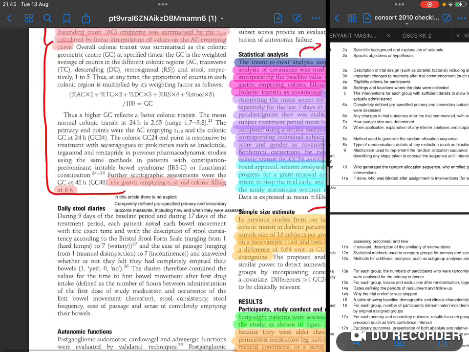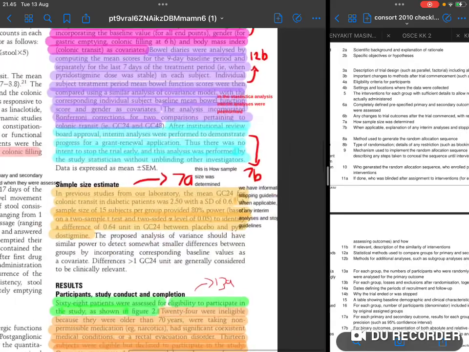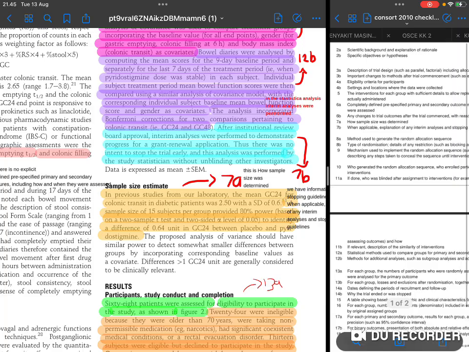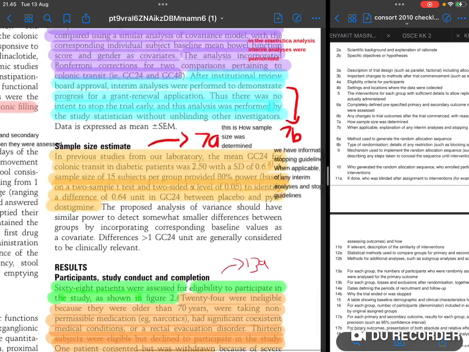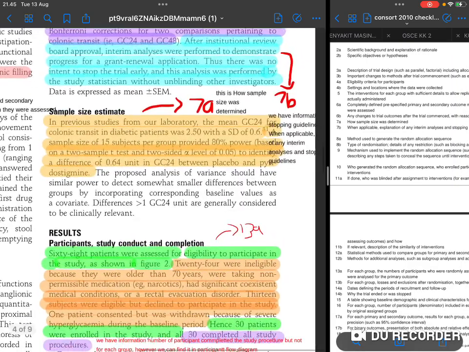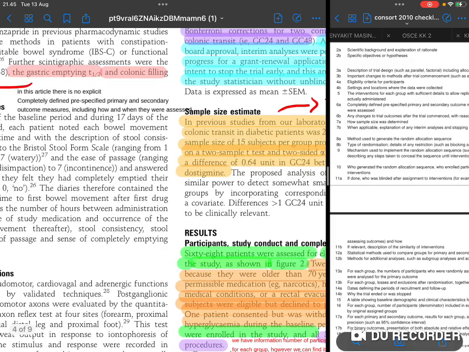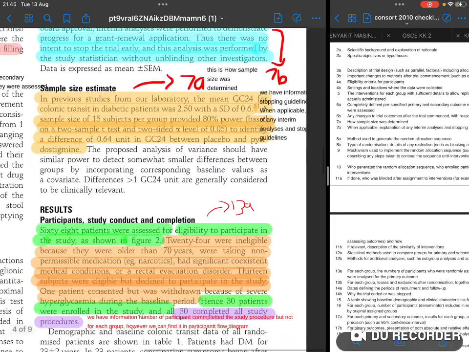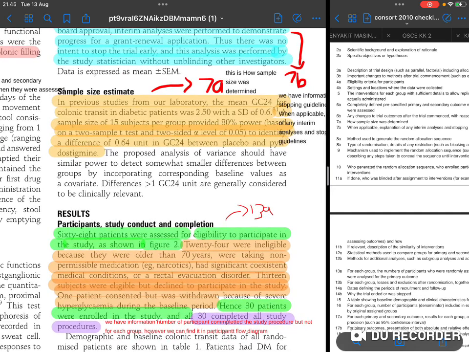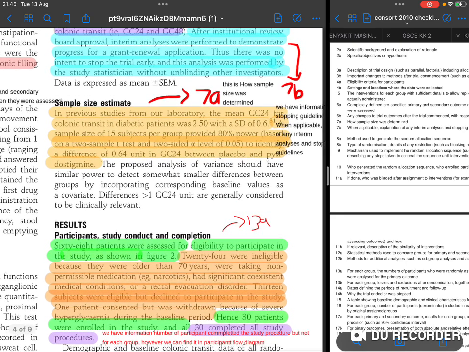And then the 7A, sample size. Sample size is how the sample was determined, as you can see here. In previous studies from our laboratory, the mean of GC24 for colonic transit and etc. So this is how the sample size was determined.